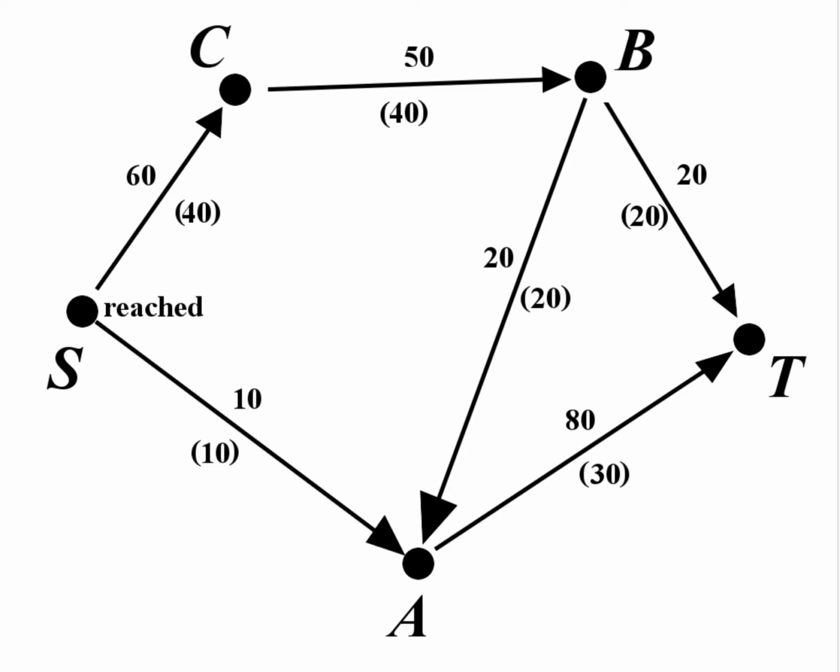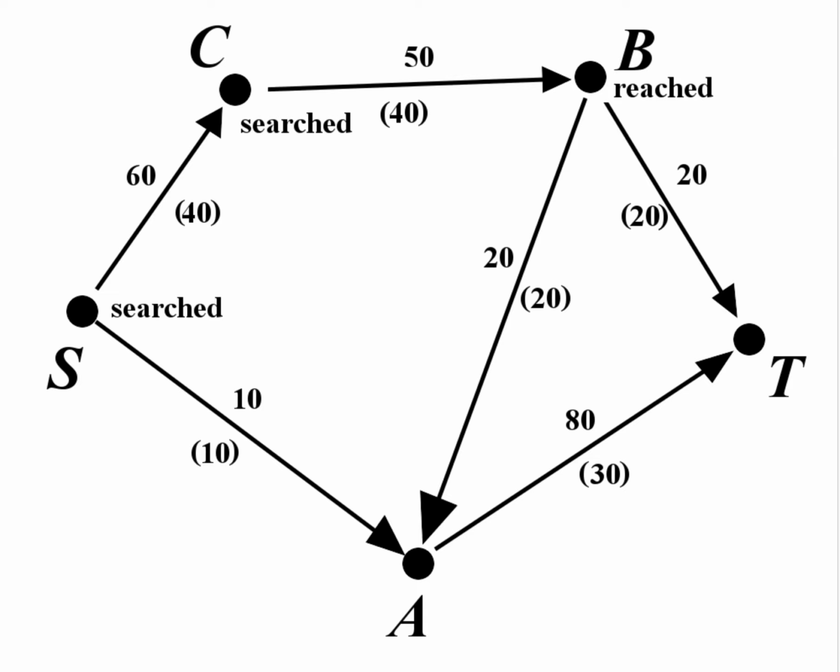Then we look at all the vertices with positive residual capacity, and that's the only one. Only SC has positive residual capacity, so C is labeled reached, S is labeled searched. Then we study C. From C there is only one edge with positive residual capacity that goes to unexplored territory, that's CB. B is labeled reached, and C is labeled searched.